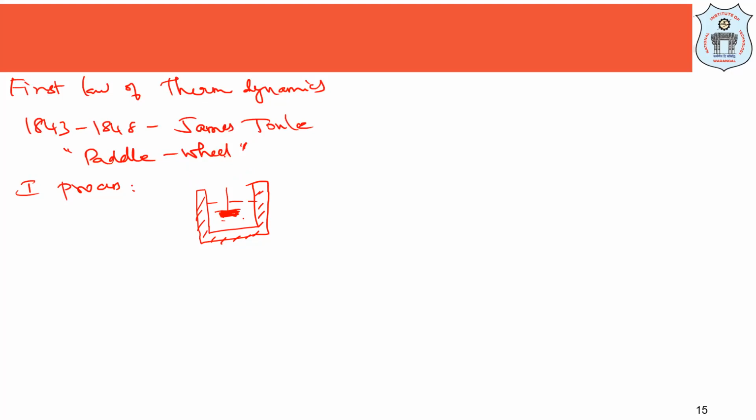He checked what happens by stirring with a paddle wheel in an insulated container at constant temperature. When it is insulated, it means the temperature is constant.